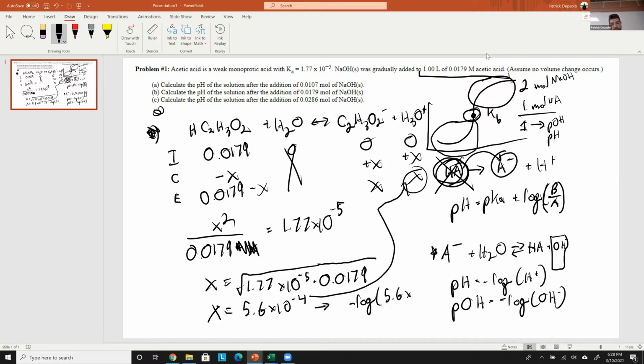And what is our pH then? 3.25, and that makes sense because it's a weak acid. 3.25 as our initial pH. Okay, are there any questions on that?